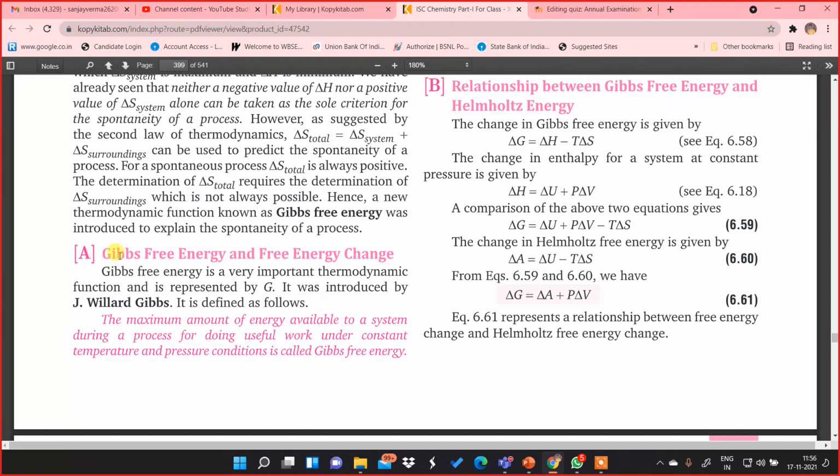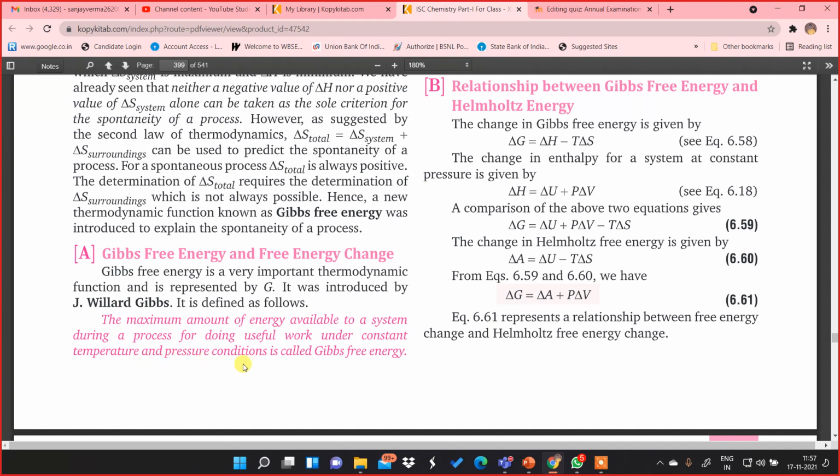So, Gibbs free energy and free energy change. Gibbs free energy is a very important thermodynamic function, and it is represented by capital G. It was introduced by J.W. Gibbs, defined as, learn this definition of Gibbs free energy: the maximum amount of energy available to a system during a process for doing useful work under constant temperature and constant pressure conditions.